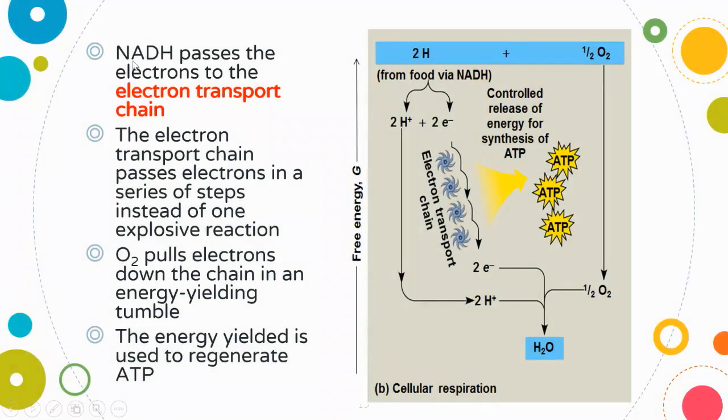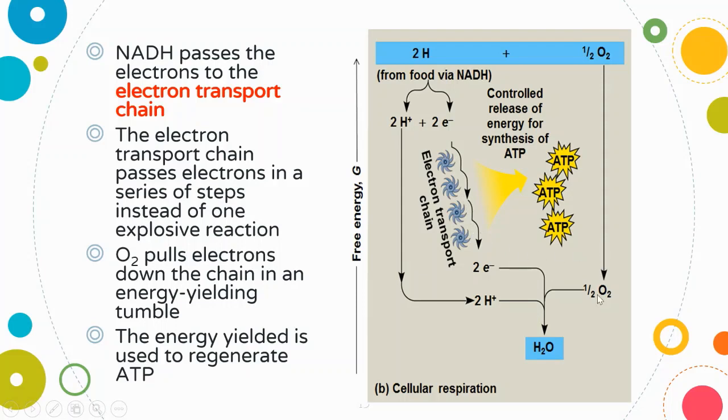So once the NADH passes the electrons to the electron transport chain in cellular respiration, the electron transport chain passes the electrons in a series of steps until they reach the oxygen. So actually the oxygen pulls the electrons down the electron transport chain.